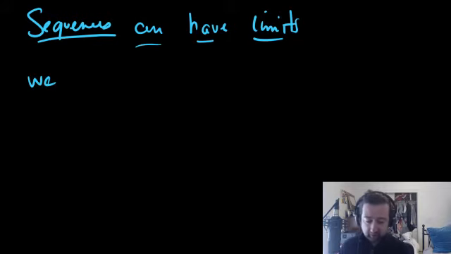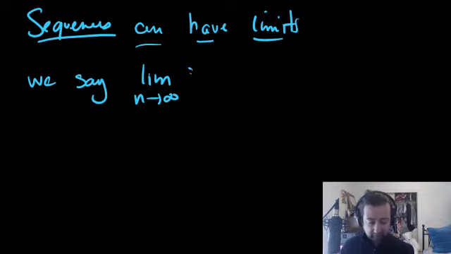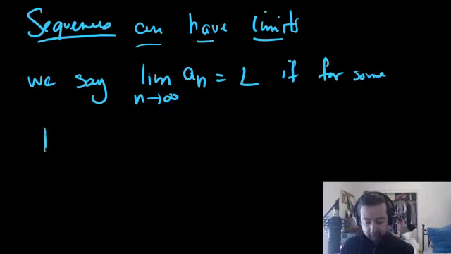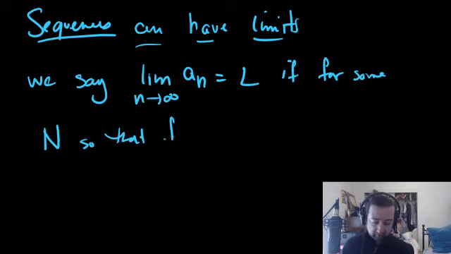So we say that the limit as n goes to infinity of an is equal to L if for some capital number N that is far enough out in the sequence, if there's some big number N, so that for n bigger than N, I'm not going to write epsilon delta here, I promise.